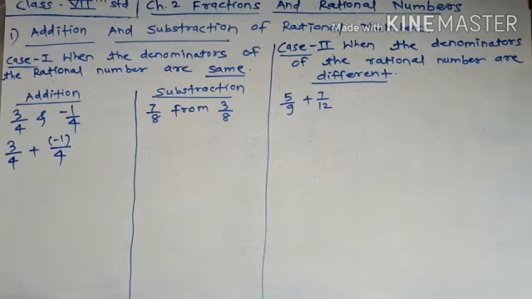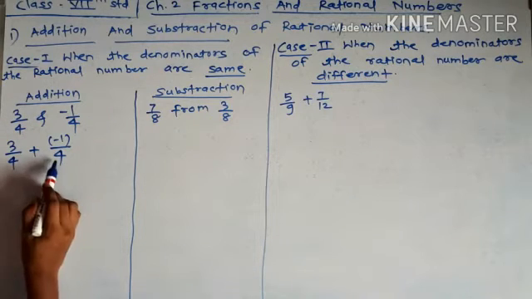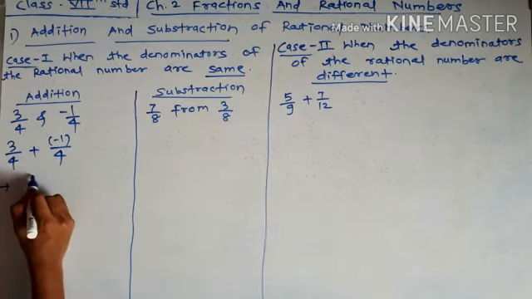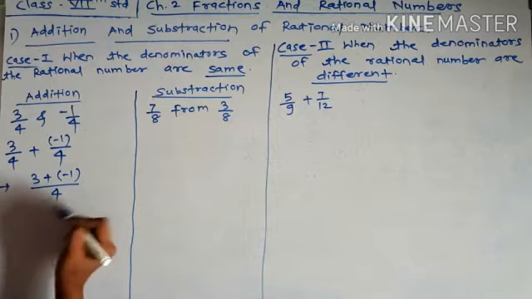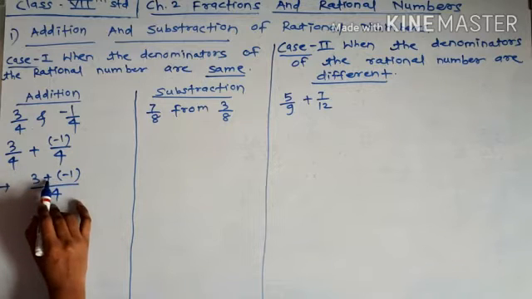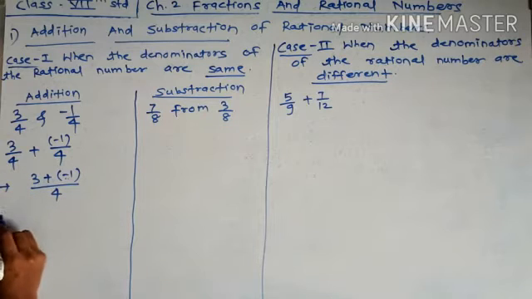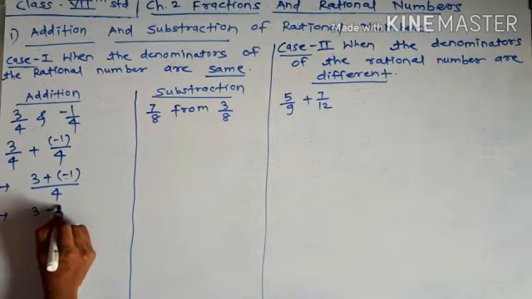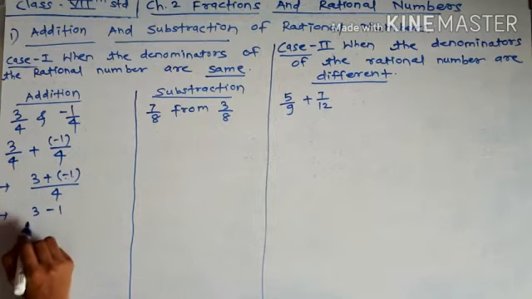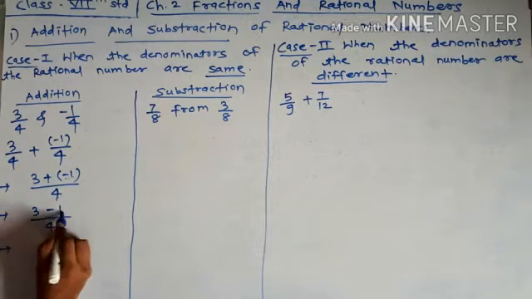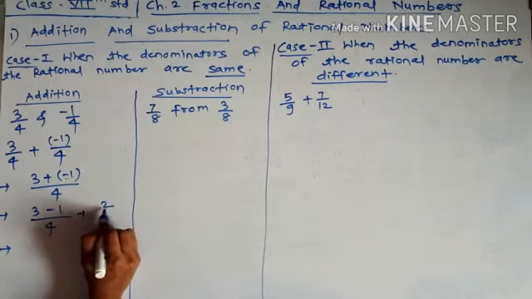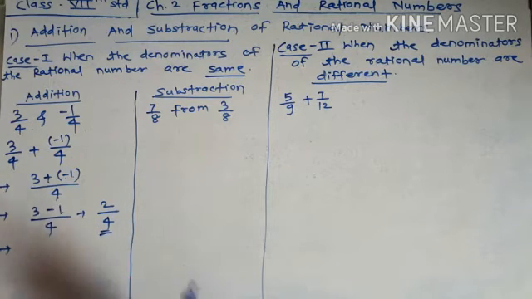To add these, we just add their numerators and the denominator remains the same. To open the bracket, we multiply the two signs, plus into minus, which becomes minus. So 3 minus 1 is 2 upon 4, which is the answer.